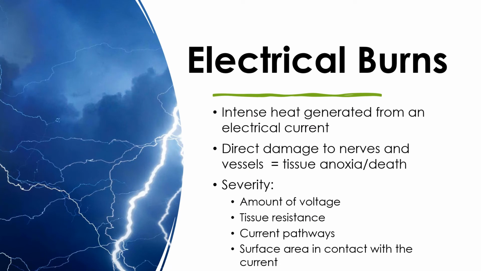All right, moving on to electrical burns. Okay, so this is actually intense, intense, intense heat generated from an electrical current. There can be severe direct damage to nerves and vessels, which can cause tissue death.